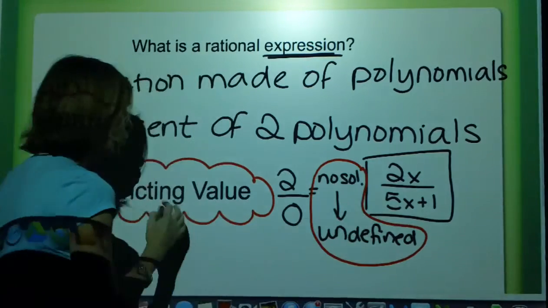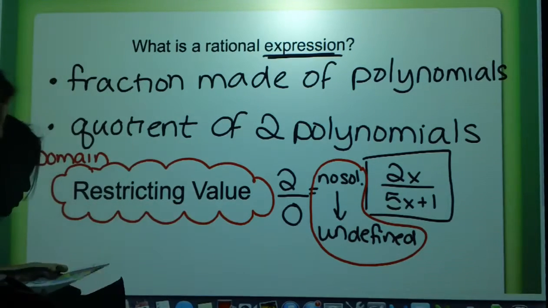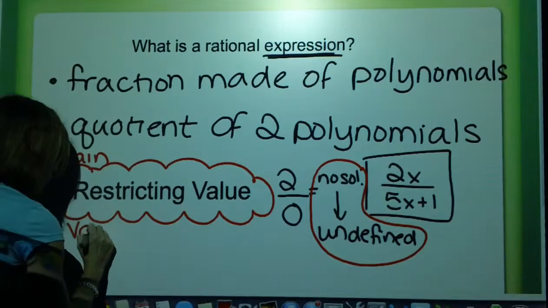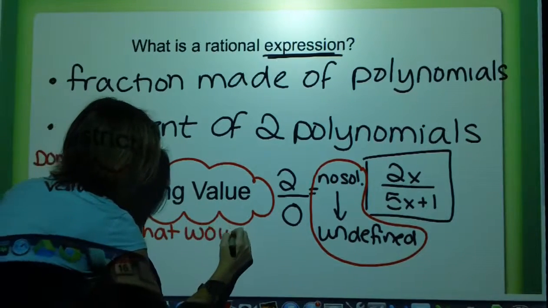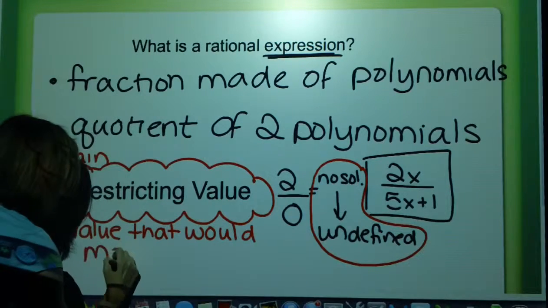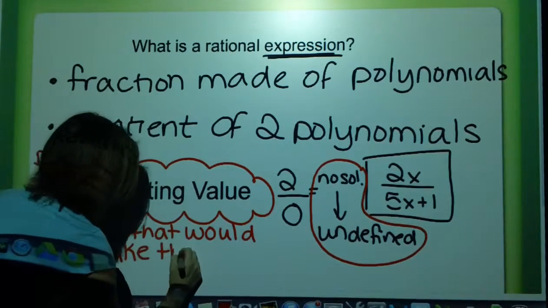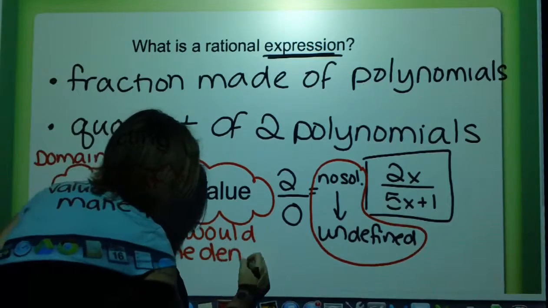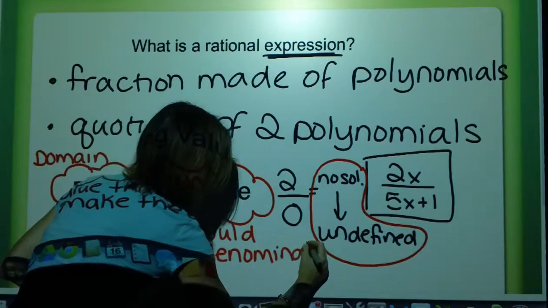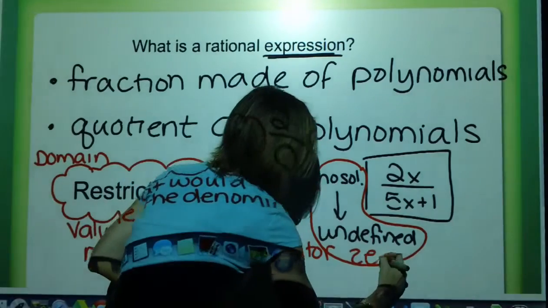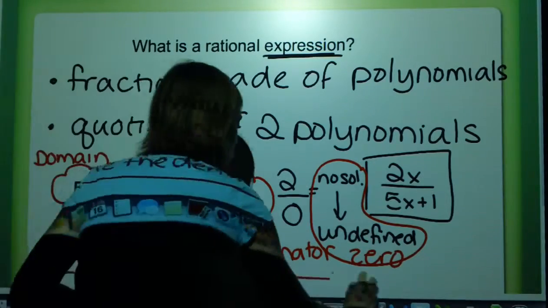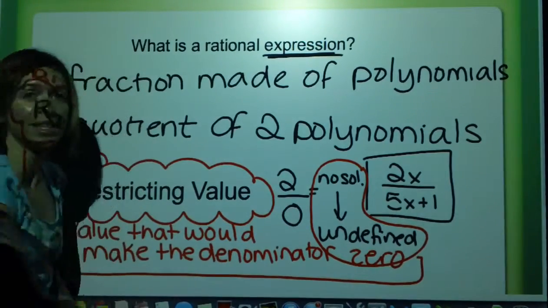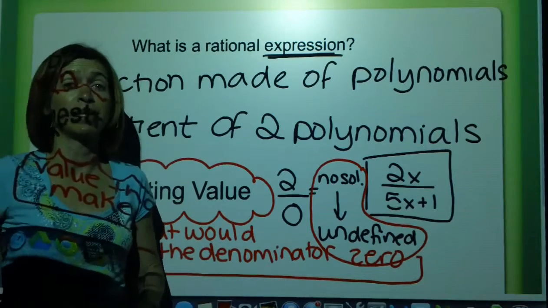So when we're looking for a restricted value, we're looking for the value that would make the denominator zero. We can't have a denominator being 0, and that's why I said earlier, thou shalt not divide by 0.